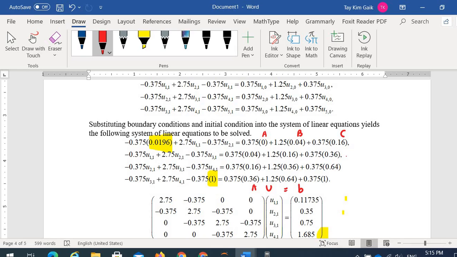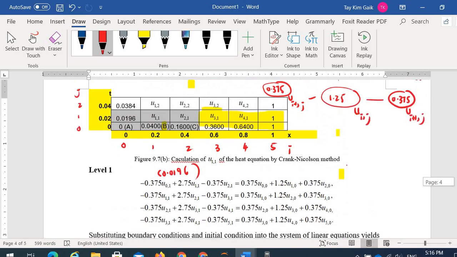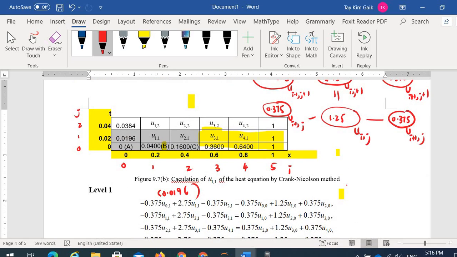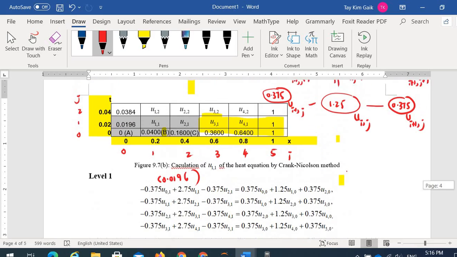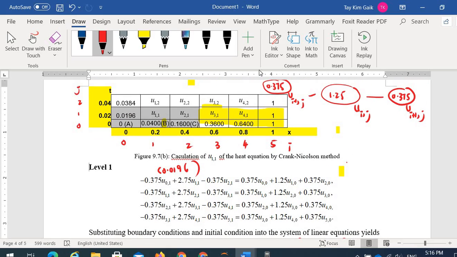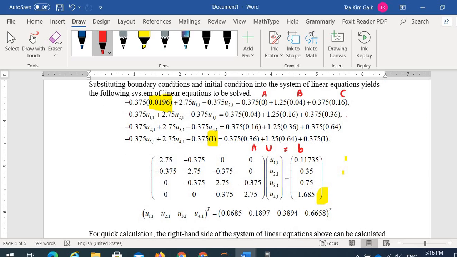For the first equation, you have to take care of the top boundary condition, which is negative 0.375 times your boundary value. This value you have to move to your right-hand side. And at the last equation, we also have this cell, negative 0.375 times 1, so you have to move it to your right-hand side vector.